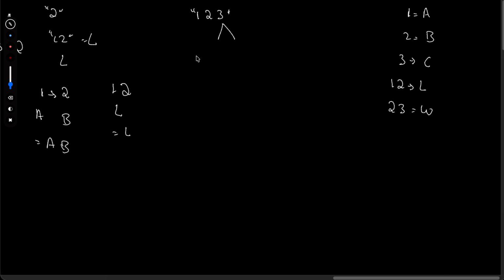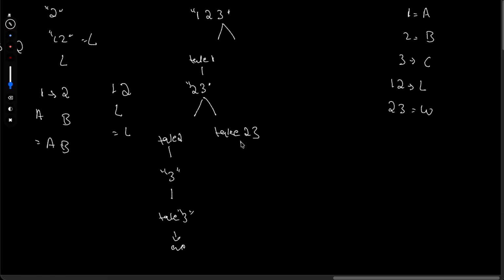If we take 1, the remaining is 23. Two choices: if we take 2, we have 3, and if we take 3, it was the end.